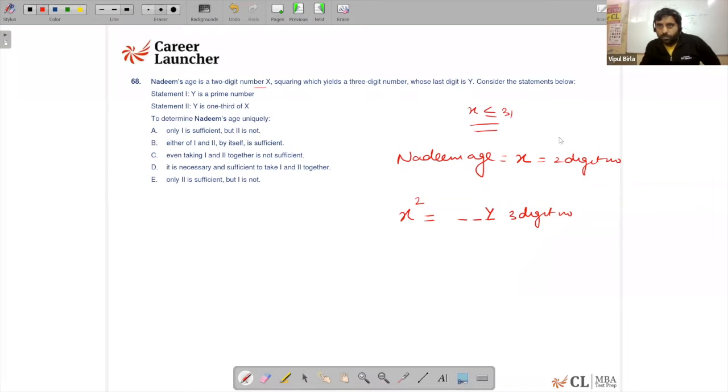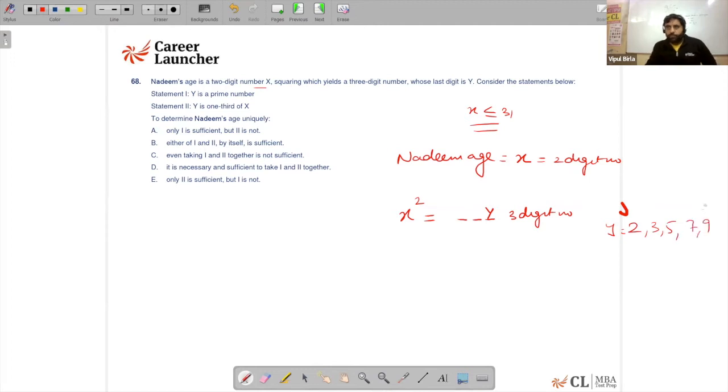Consider the statements below. Statement 1 says y is a prime number. So we need to tell whether we can get the answer from this. If y is a prime number, then y can be 2, 3, 5, 7.